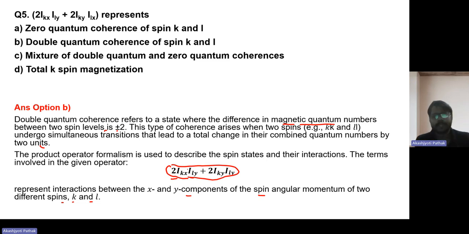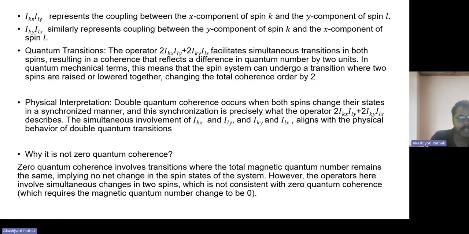It represents the interaction between the x and y components of the spin angular momentums of two different spins K and L. Now, IkxIly represents the coupling between the x component of spin K and the y component of spin L. And IkyIlx similarly represents the coupling between the y component of spin K and the x component of spin L.